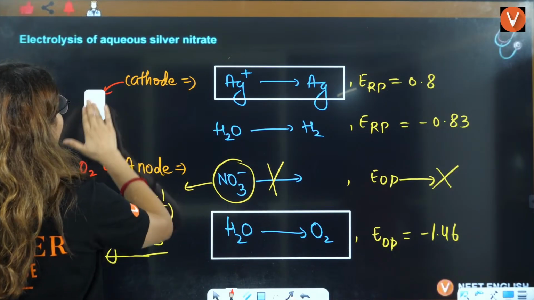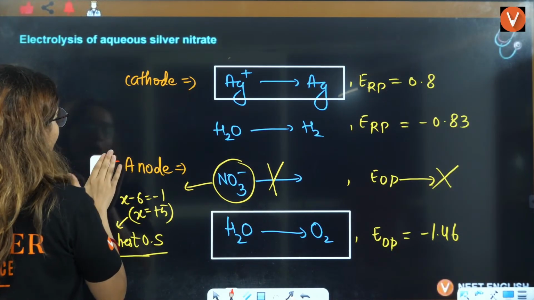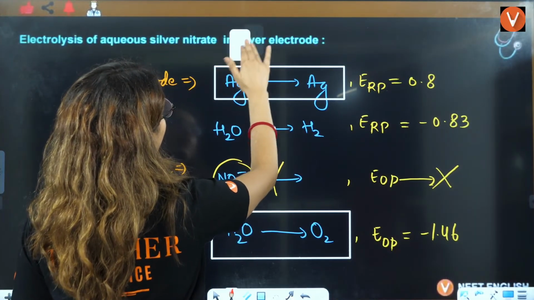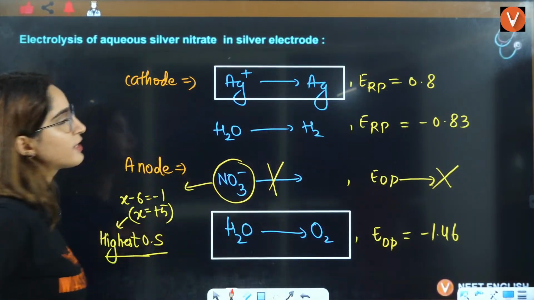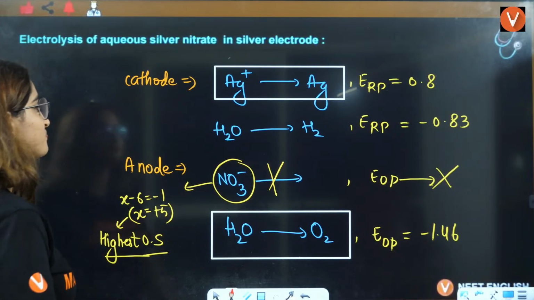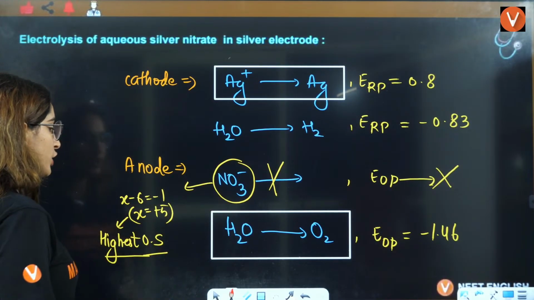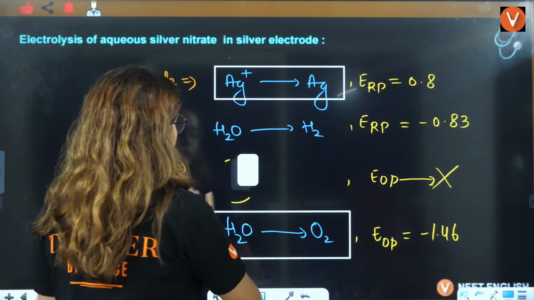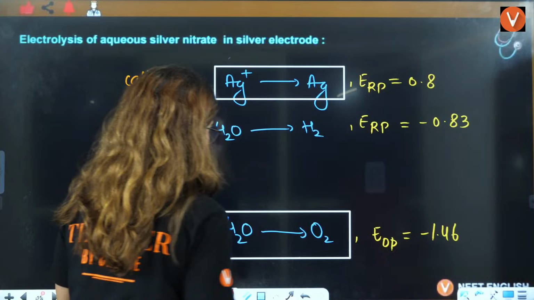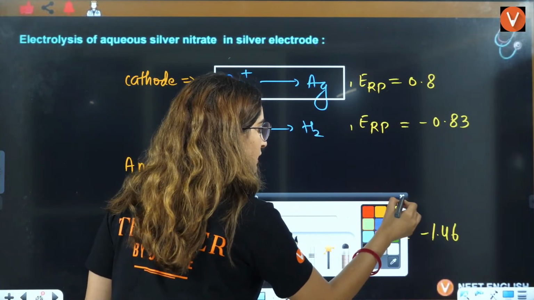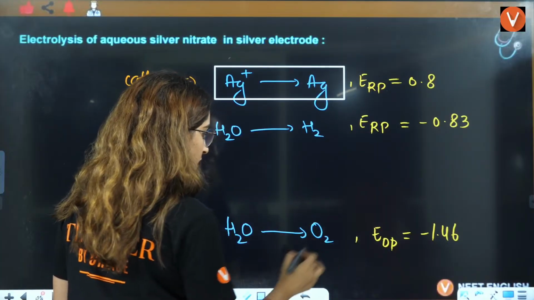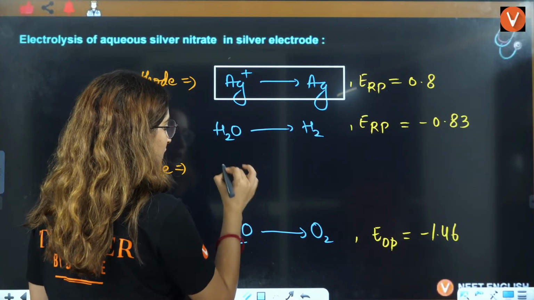Now what you had here, let's say you have silver electrode also. Now here you will have silver also. So two things are possible, right? Here you can have one more thing, that is nitrate.